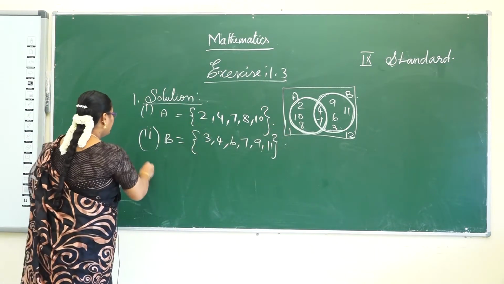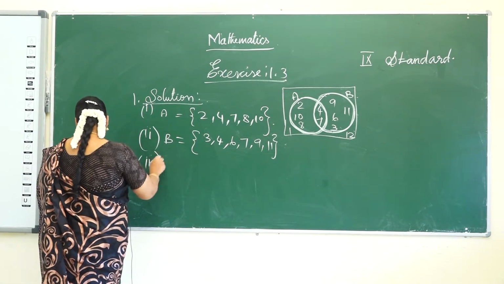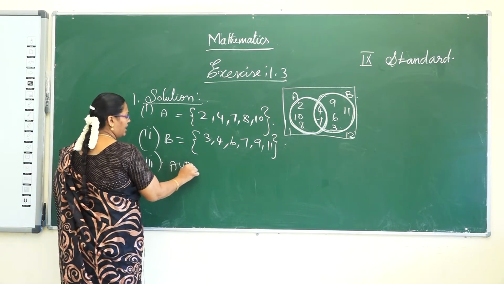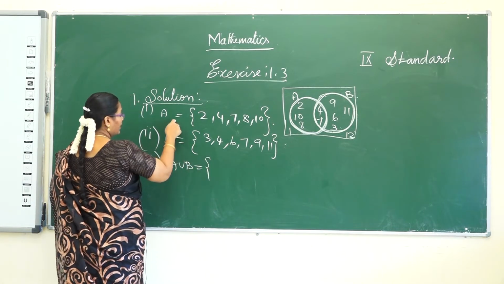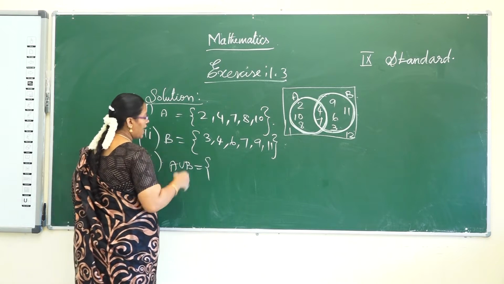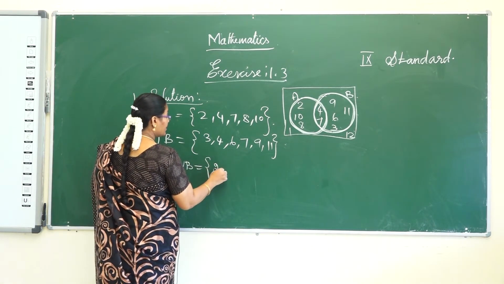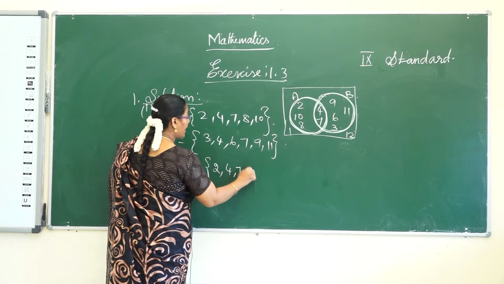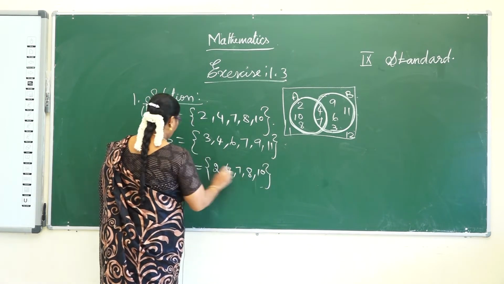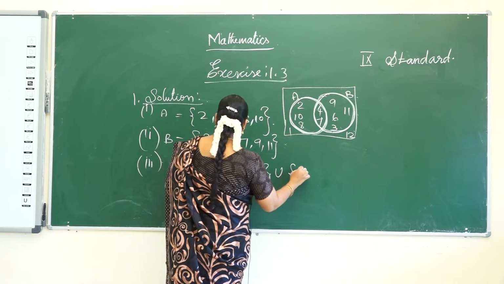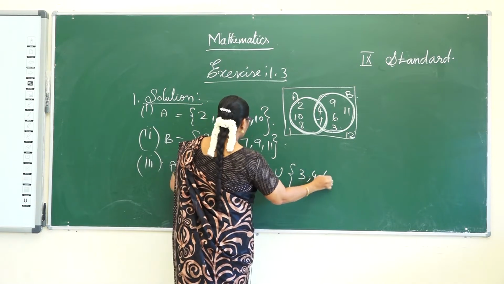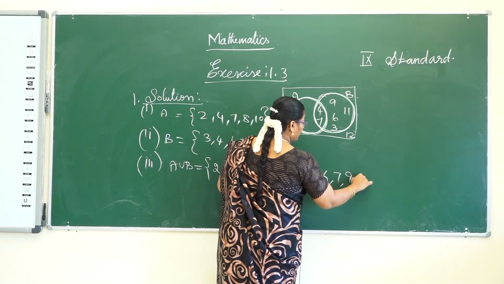Okay, and then the third option is asking A union B. We can write it easily because we already know all the elements in sets A and B. Set A is 2, 4, 7, 8, 10, and next B is 3, 4, 6, 7, 9, 11.